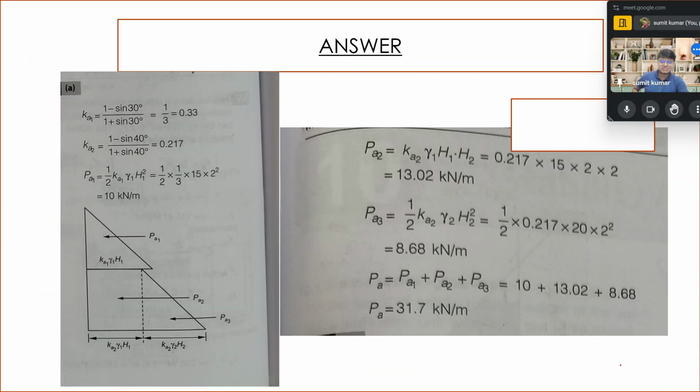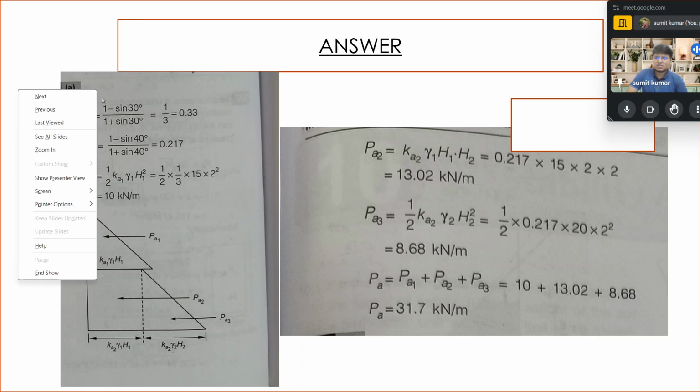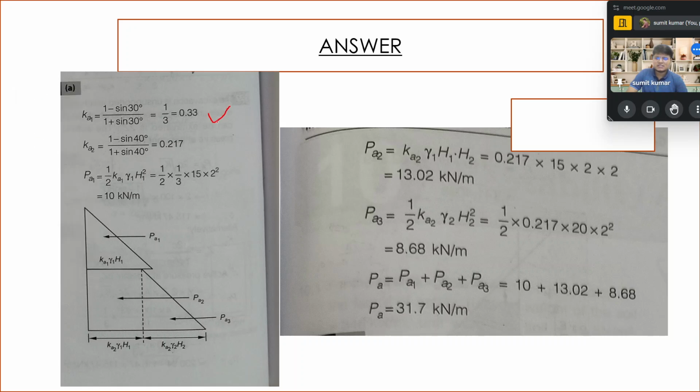I think things are very clear, which they have done as well, and provided the solutions. So that is not the thing which we need to discuss. They have calculated first the K value for the first layer, then the second layer, then they found the area. The same thing which we have done, they have done, and they found the answer as 31.7, which we also found.